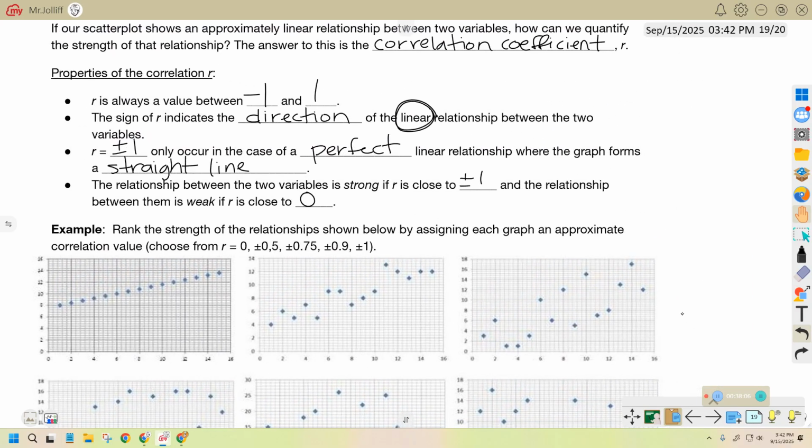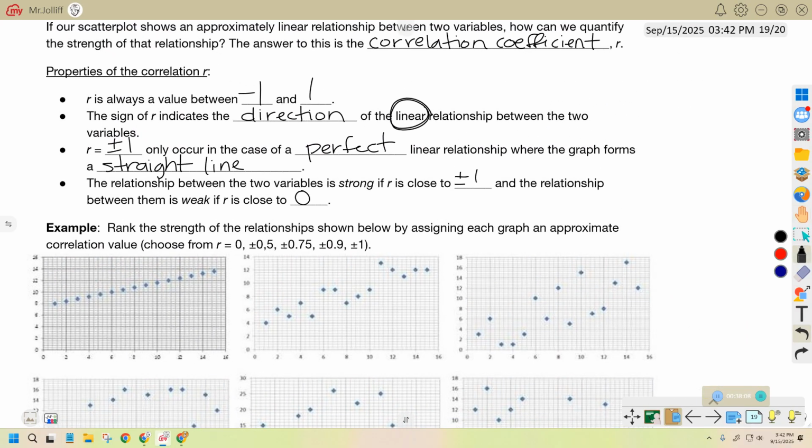So, and this is a rough estimate, but if I'm looking at a number line from -1 to 1, typically this region from like -0.3 to 0.3 would be weak. Anything past 0.85 would be strong.